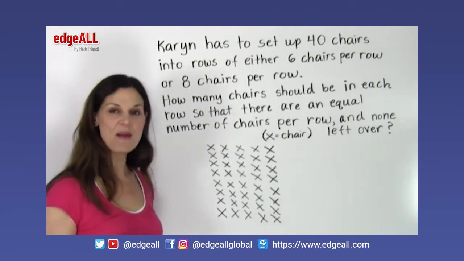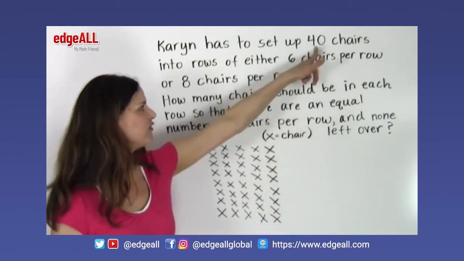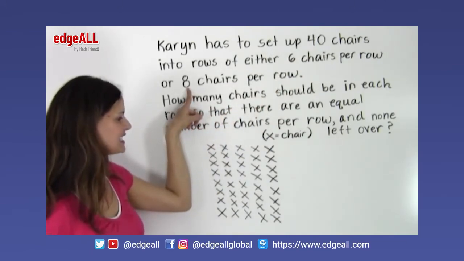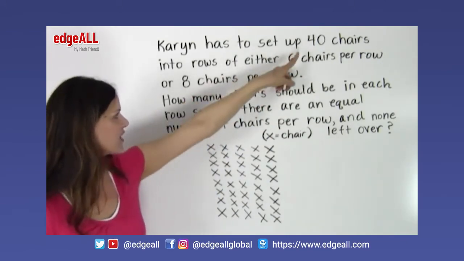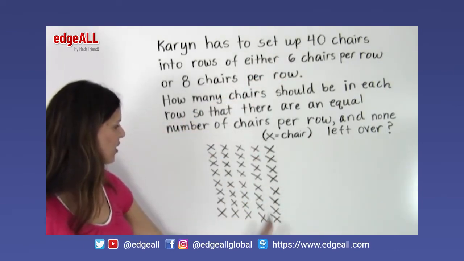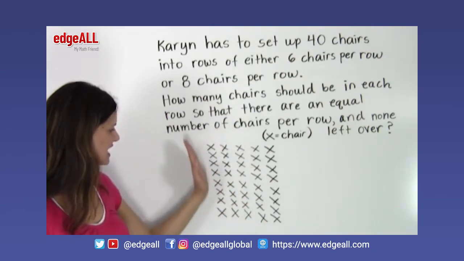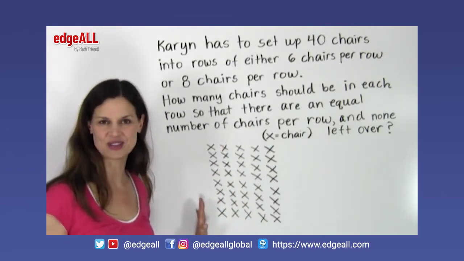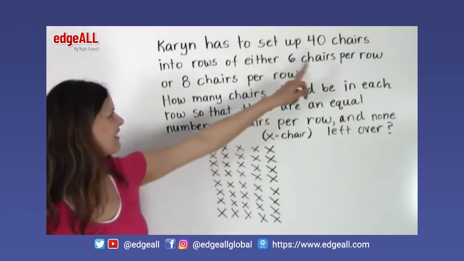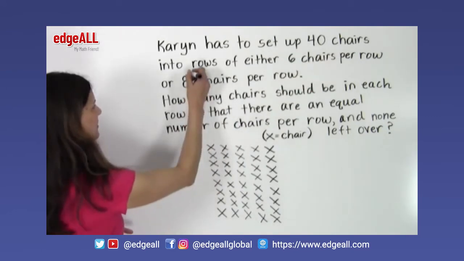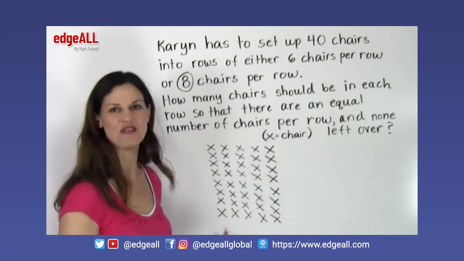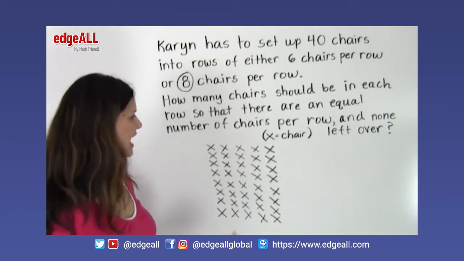So we can stop there because we've used all 40 chairs and we've put them into rows of 8, and we can see that our 40 chairs fit evenly into 5 rows of 8 chairs each with no leftovers, no remainders. And so we can see that 40 is divisible by 8 because it gives us a whole number answer of 5 rows with no leftovers.